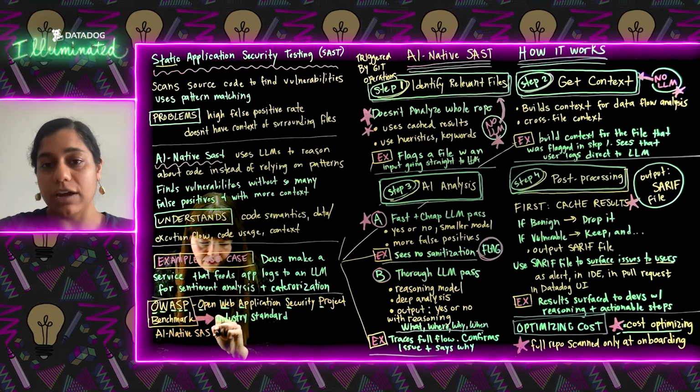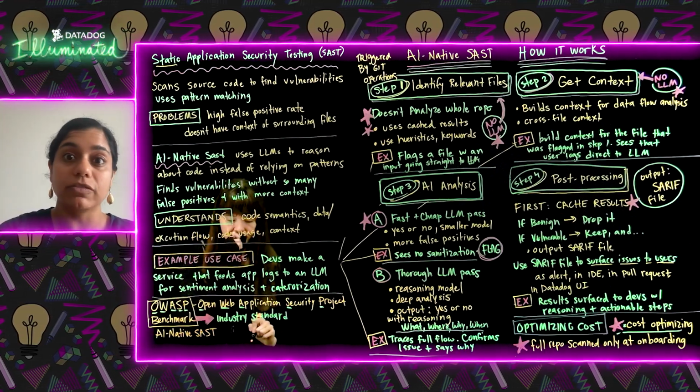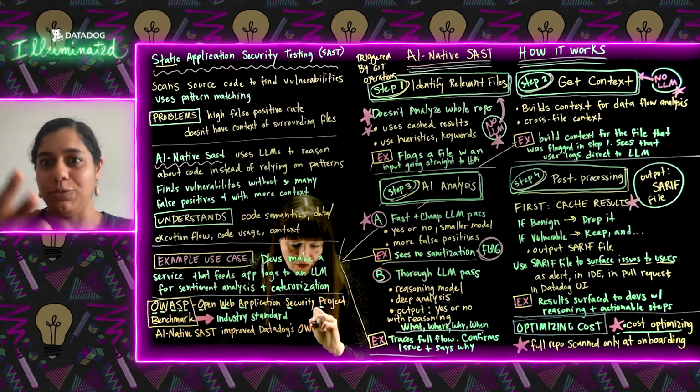This was across the entire spectrum of categories that the OWASP benchmark covers. Obviously it's a huge jump, right? We're talking about 90% accuracy at that point in the AI native approach, which is all about, like we said at the beginning, how do you reduce the false positive rates? How do you give developers better context? How do you make things more actionable? And it all starts with how good the detections themselves are.